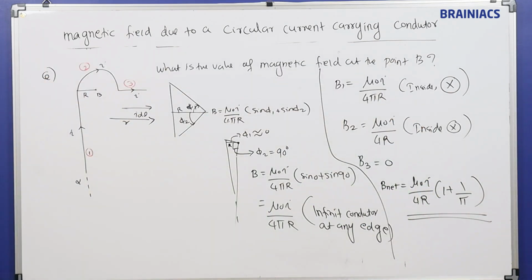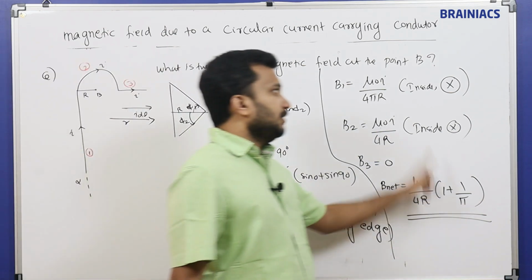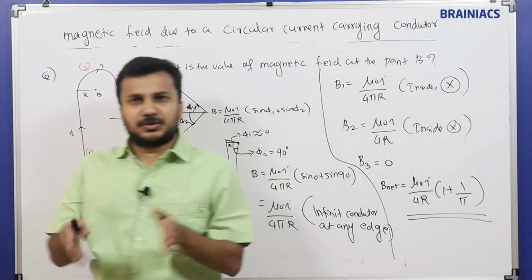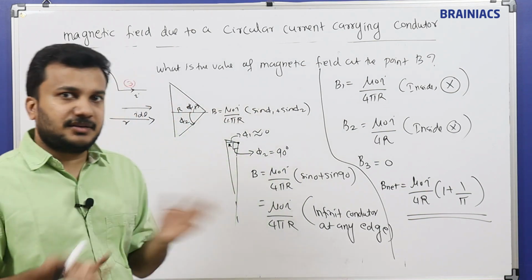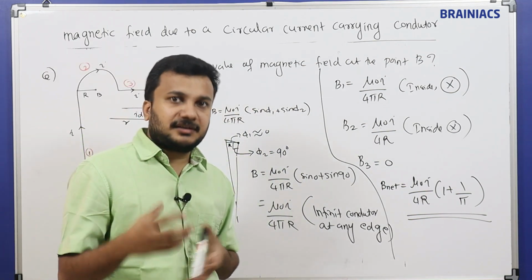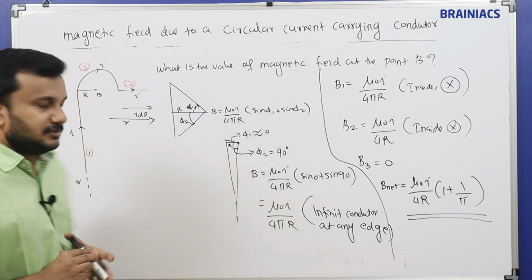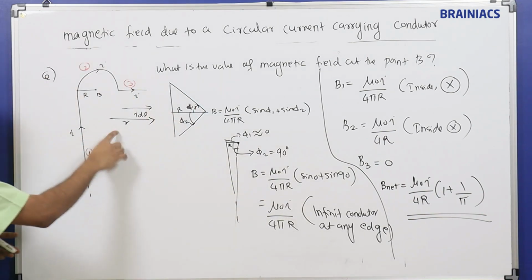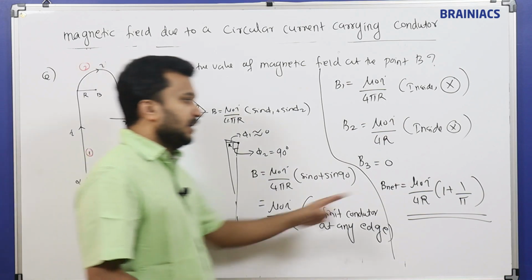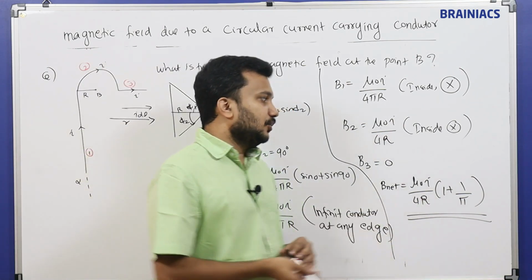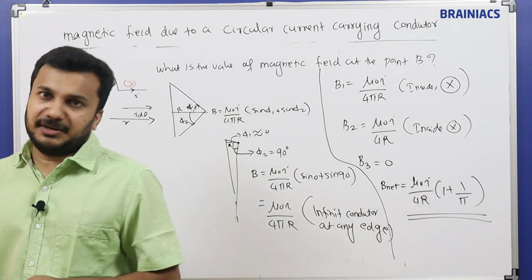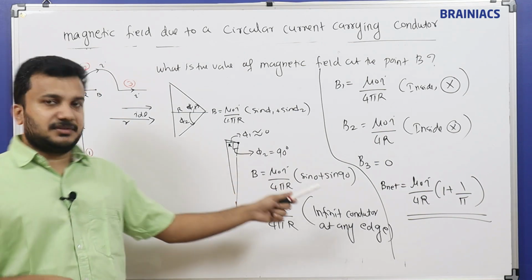Both are inside, so you can directly add. If one is inside and one is outside, you have to subtract, highest minus lowest. Here both are inside, so the answer is mu 0 I divided by 4r into (1 plus 1 by pi). Hope this is clear to you.